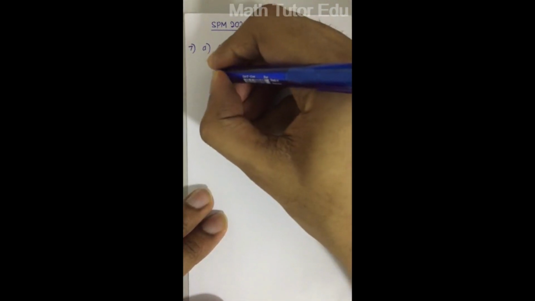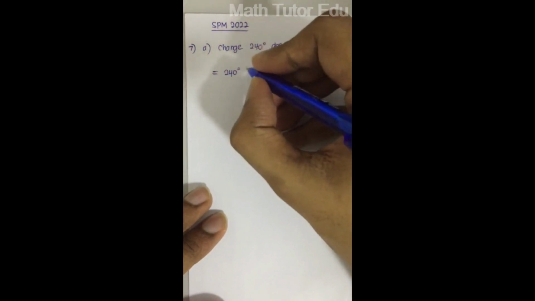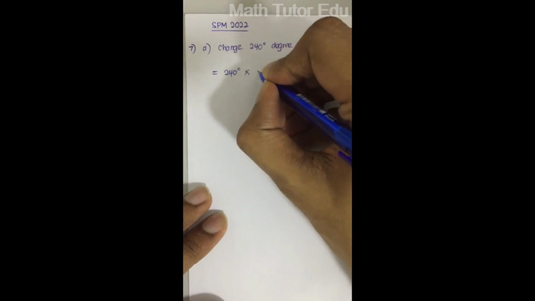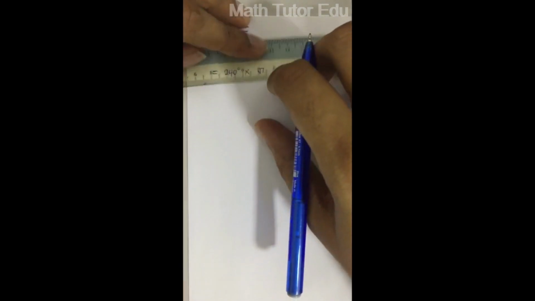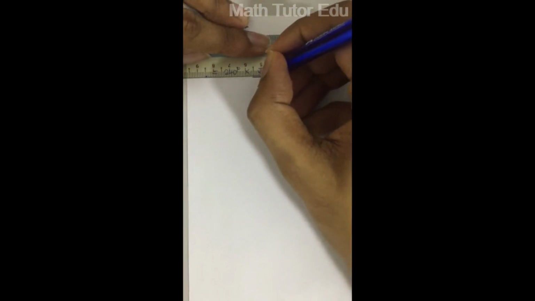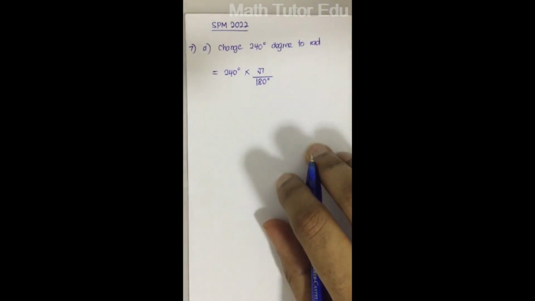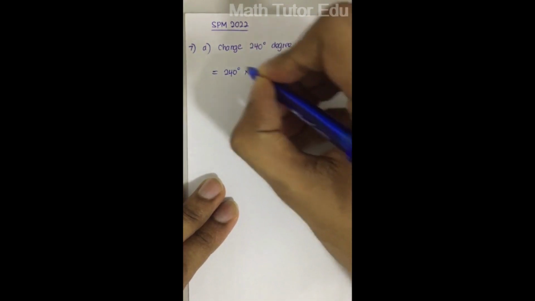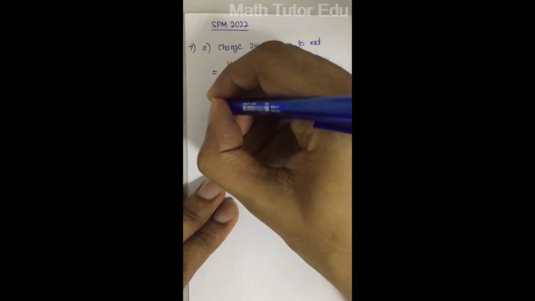So from here, 240 degree. In order for you to change to radian, you need to times with pi over 180 degree. So from here you simplify this, you get 3, you simplify this, you should get 4.